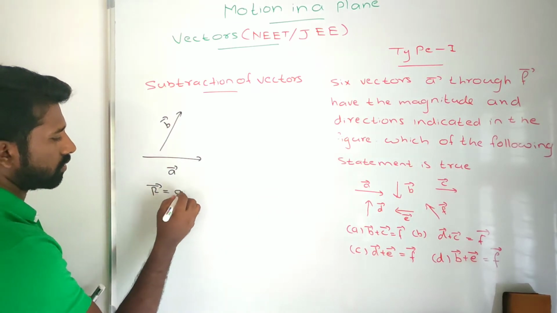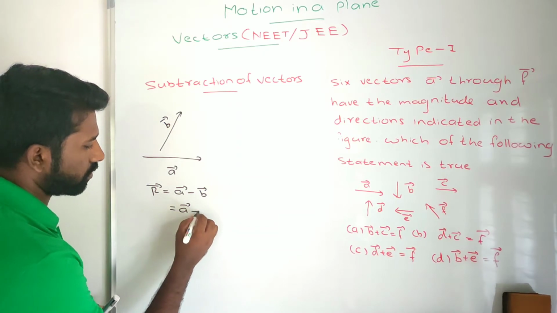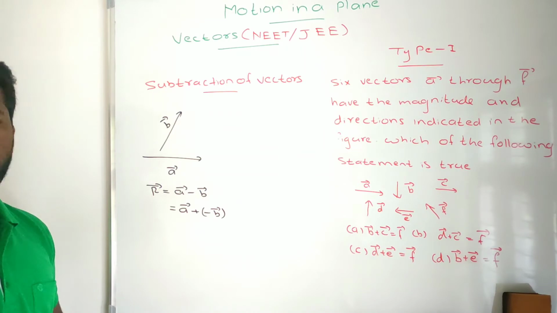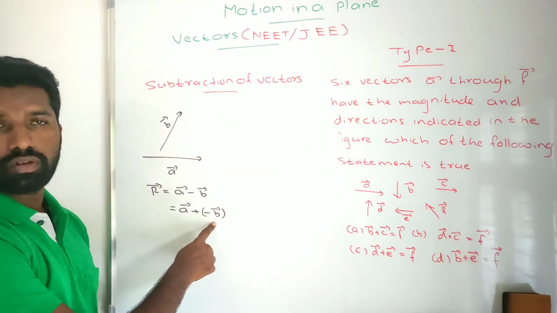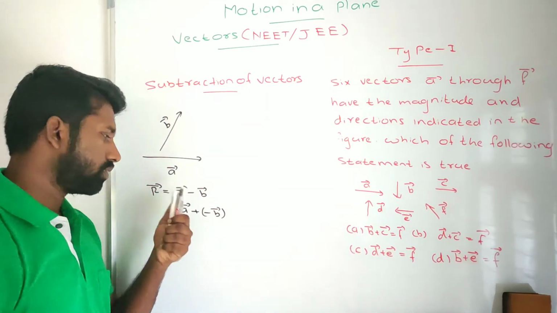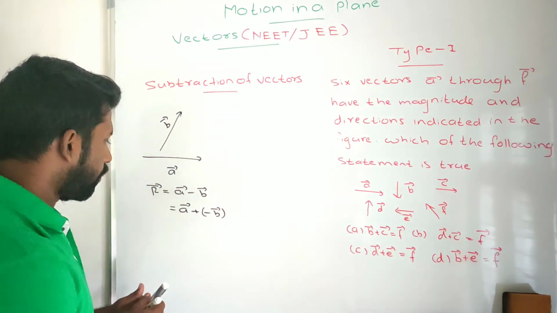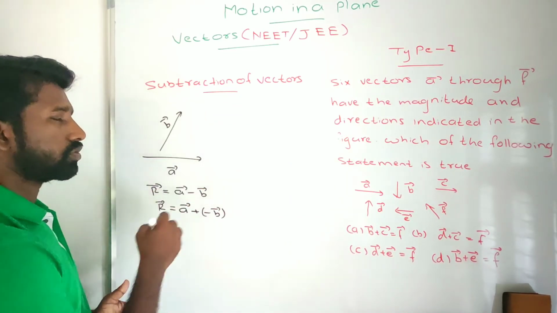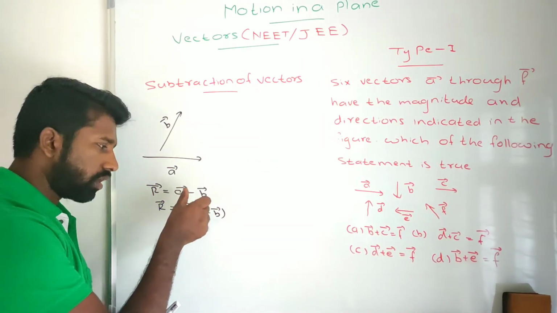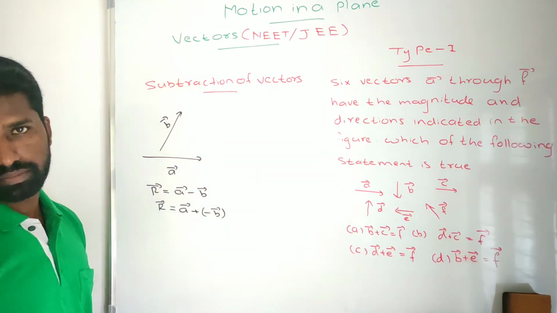The resultant is A minus B. This I can write like this: A vector plus minus B vector. What is minus B? Minus B is the negative vector, which has the same magnitude as the B vector but is in the opposite direction. So the subtraction of two vectors is the addition of a vector and the negative of the other vector.